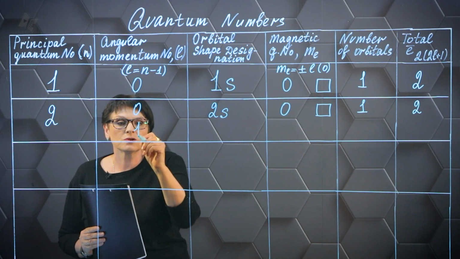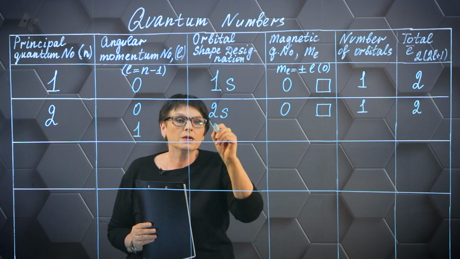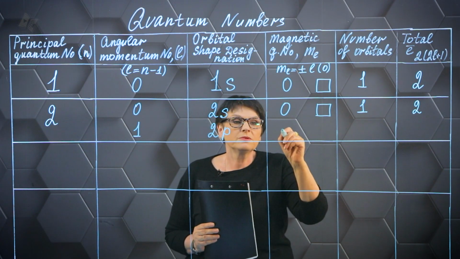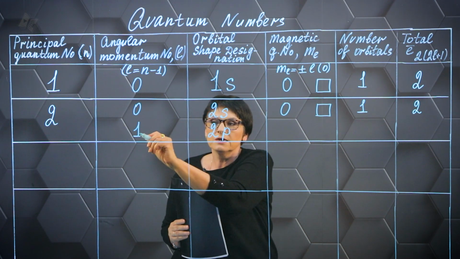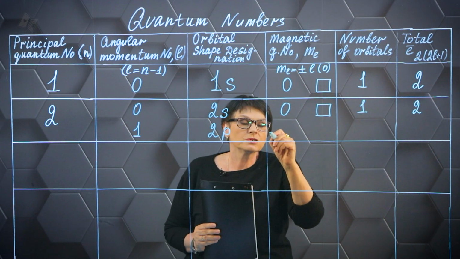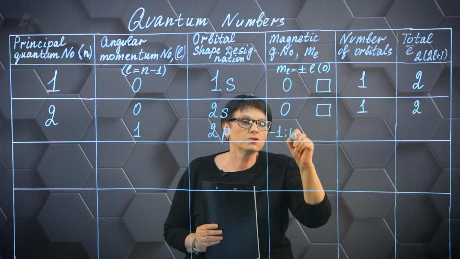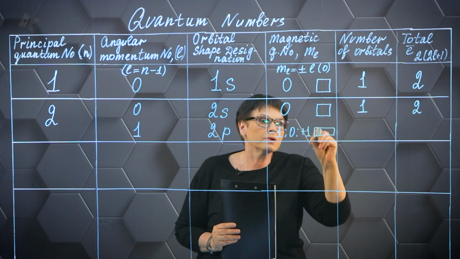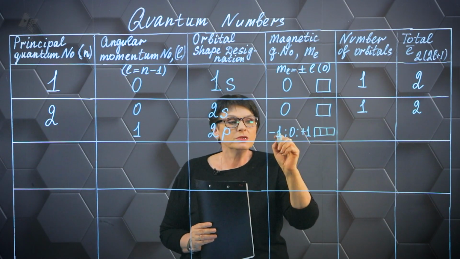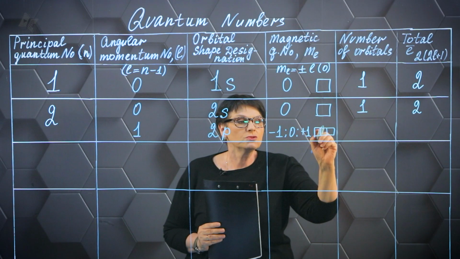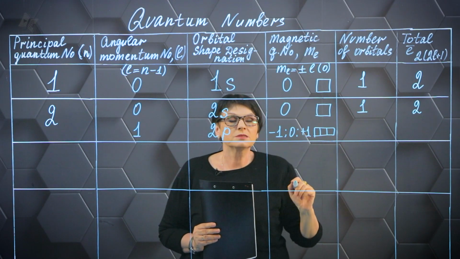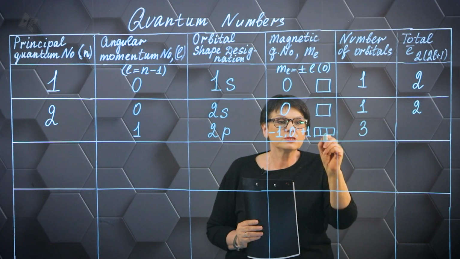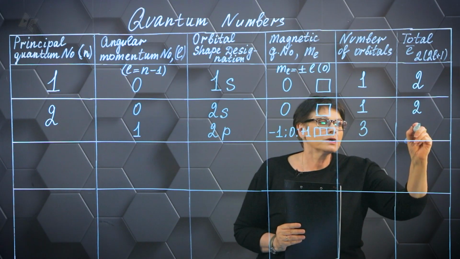Here another orbital number 1 appears, which corresponds to the 2p sublevel, and here we have values of the magnetic number: minus 1, 0, plus 1, which corresponds to 3 quantum cells. Minus 1 is the first cell, 0 is the second, plus 1 is the third. In this case, we will have 3 orbitals, and there will be 6 electrons on them.